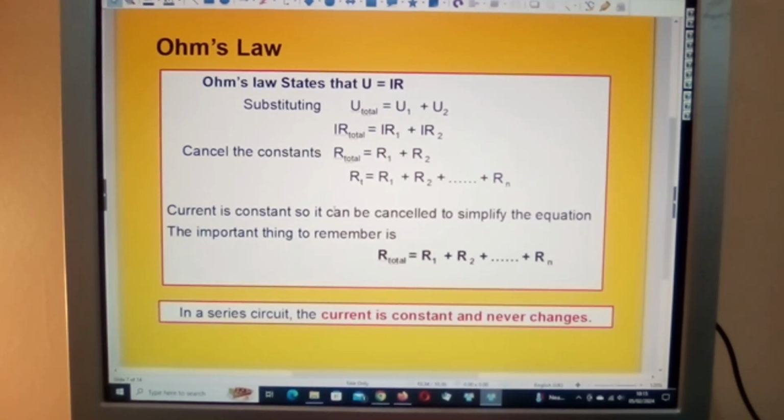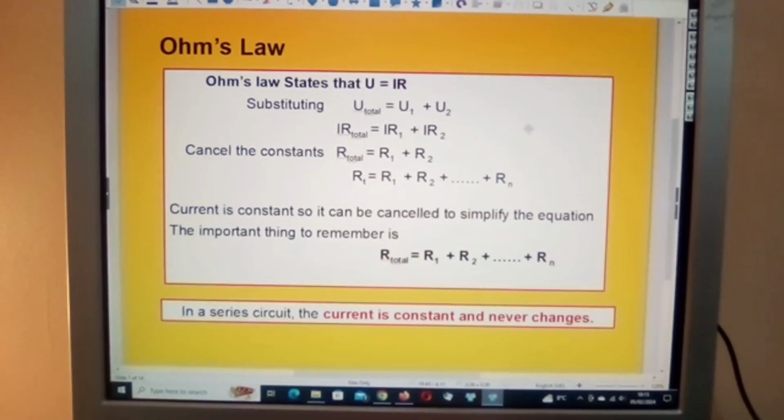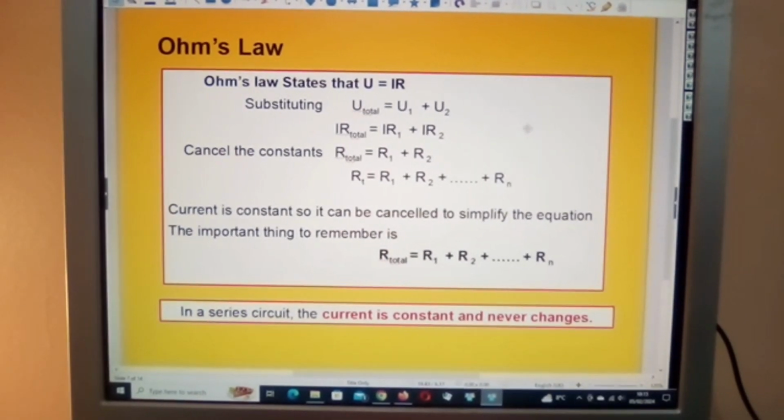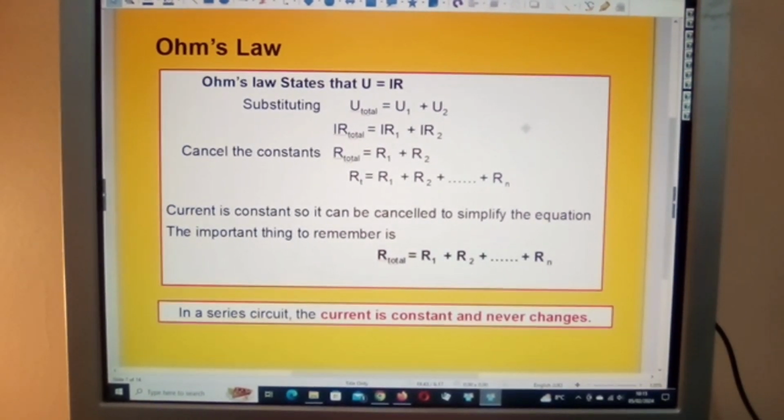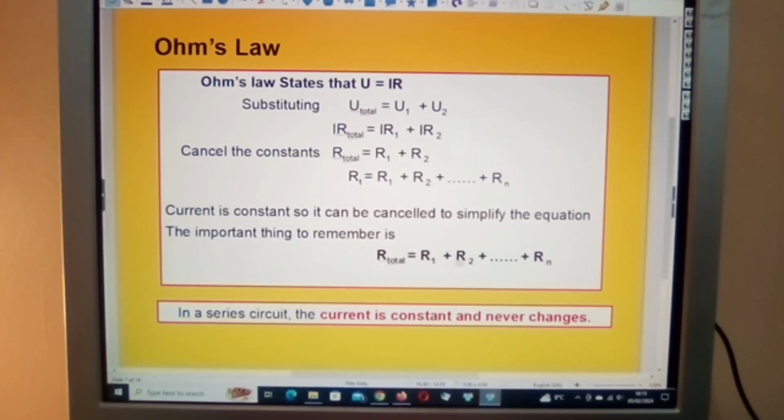And similar thing here as well. And here they're just showing you what they did to get resistance total.